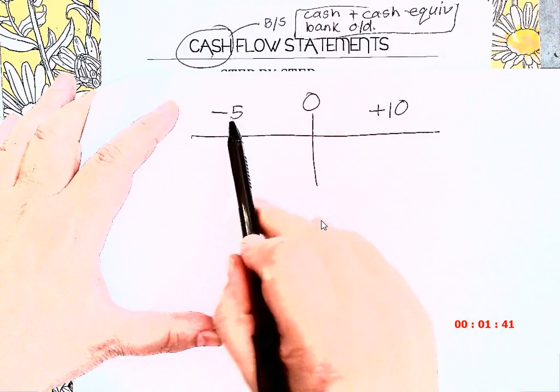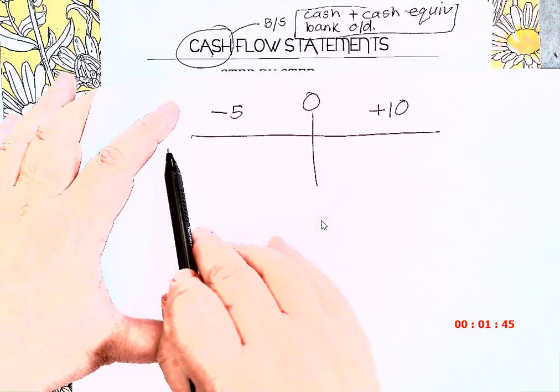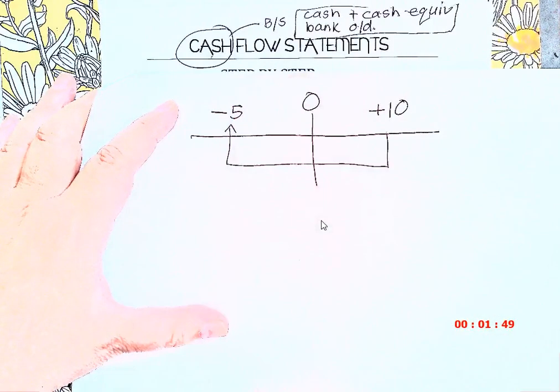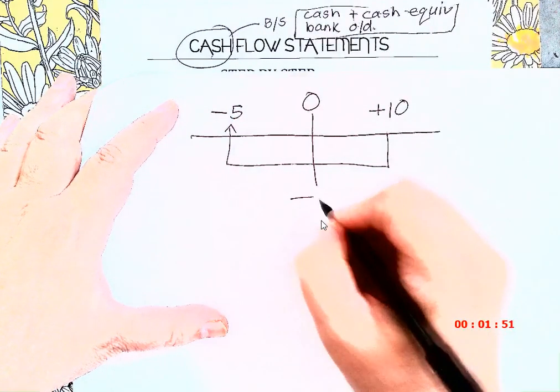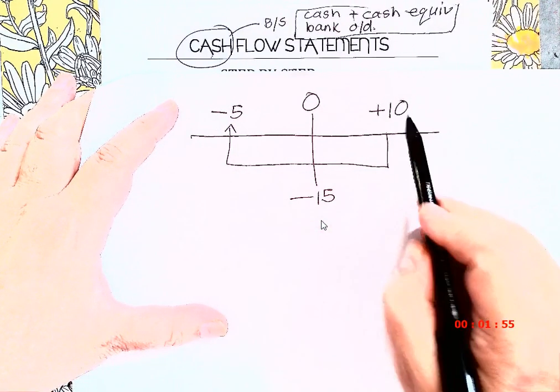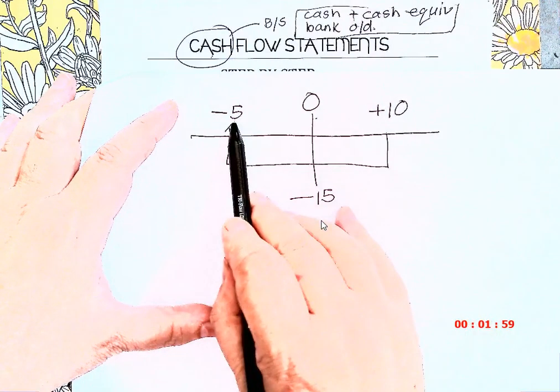I still don't have 5. I spent 5 of my overdraft. So now, how much cash went out of my business? Can you see my net change is going to be minus 15? Because I used that 10 and I used that 5.